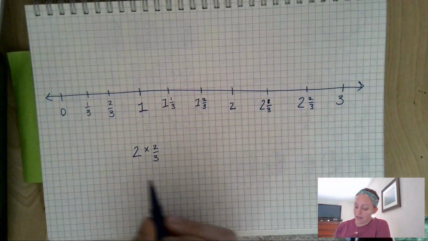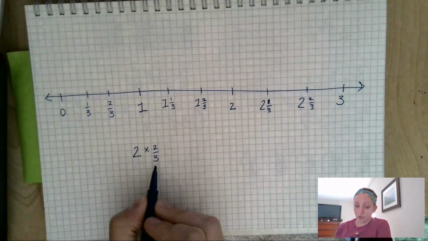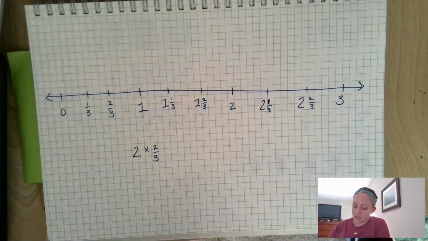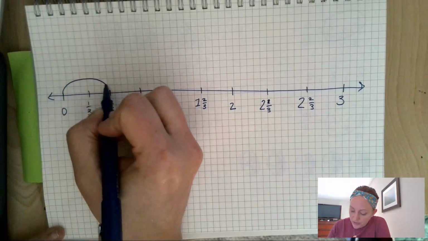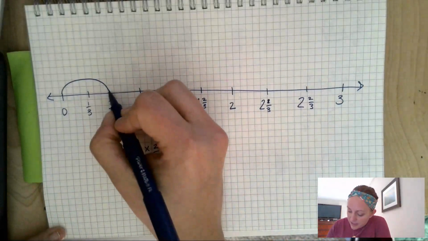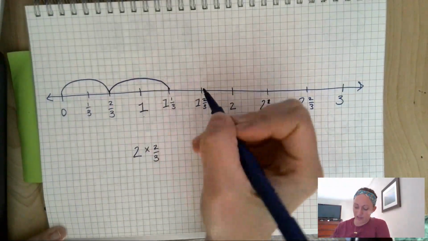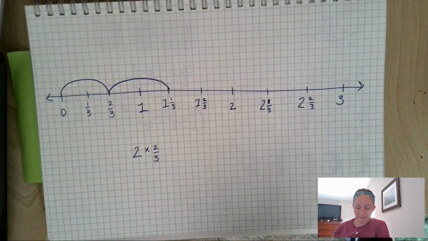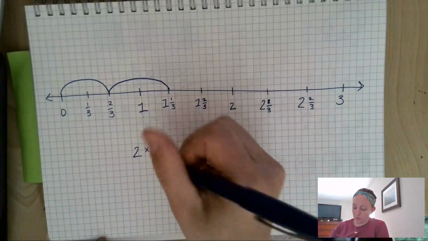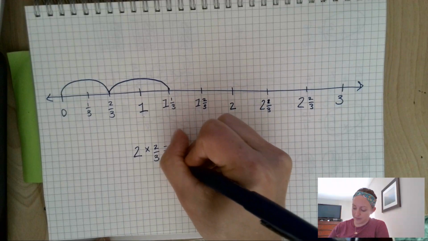Now this is showing me that I have 2/3 2 times. Here's 2/3, that's 1 time. Here's 2/3, that's 2 times. So I ended up on 1 and 2/3, or sorry, 1 and 1/3.